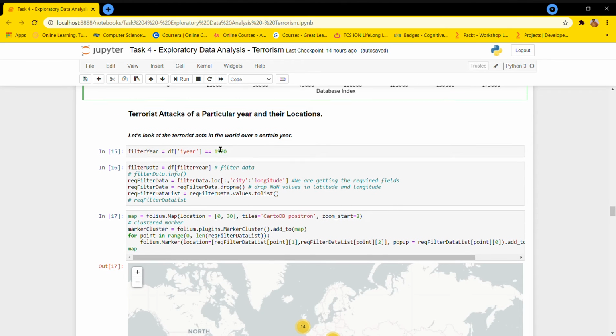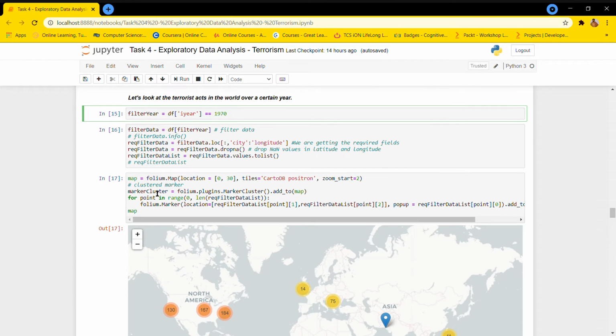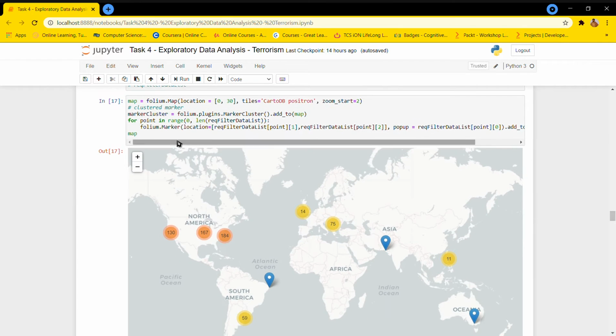And now let's find terror attacks of a particular year and their location. Firstly, let's filter the data for a particular year with the help of pandas. I chose the year 1970 and filtered the data accordingly. For the map, you can see I plotted a map over here, and I have already told you that Folium is used for visualizing geospatial data.